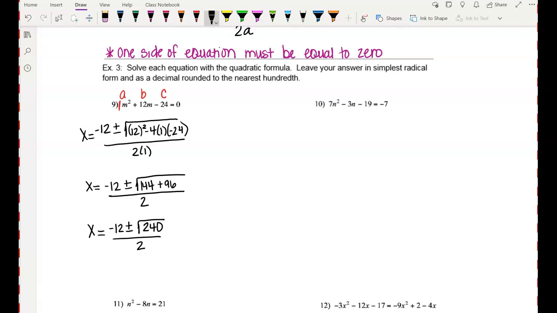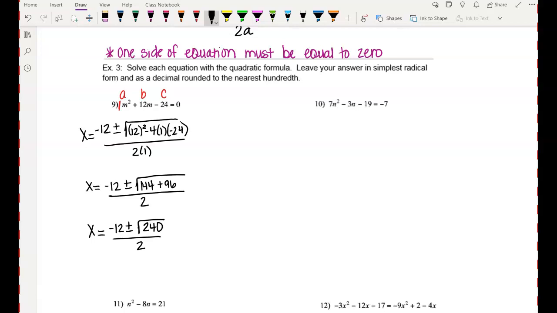Again, if you have a calculator in math mode, if you type in negative 12 plus the square root of 240 divided by 2 and you hit enter, it's going to give you back a ratio, and it will also tell you if there's anything else that can be simplified there.